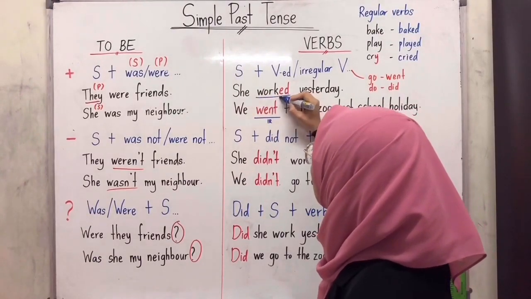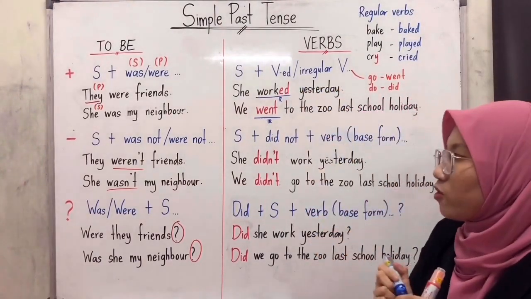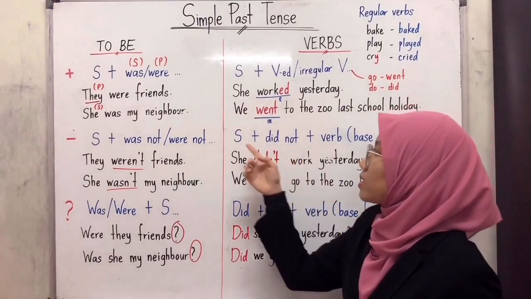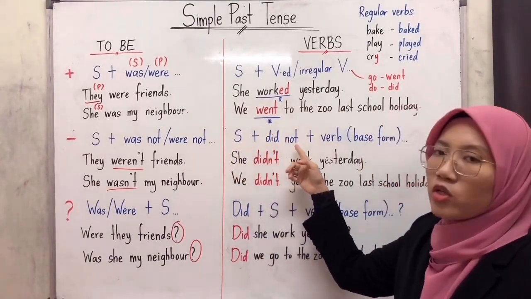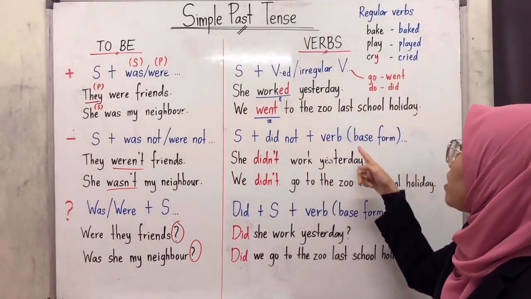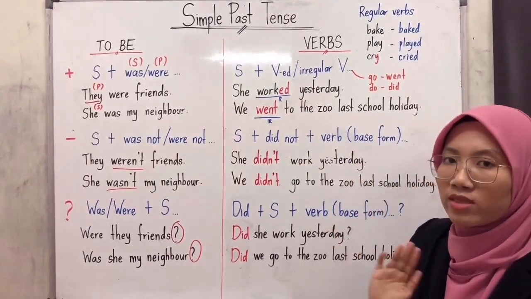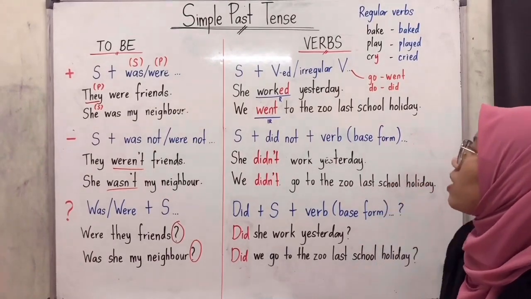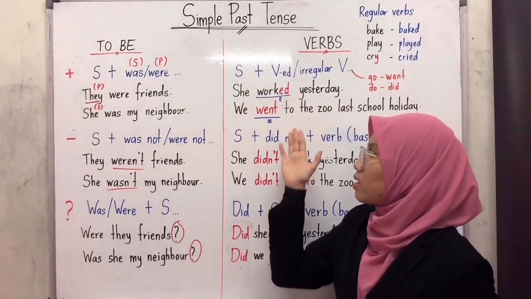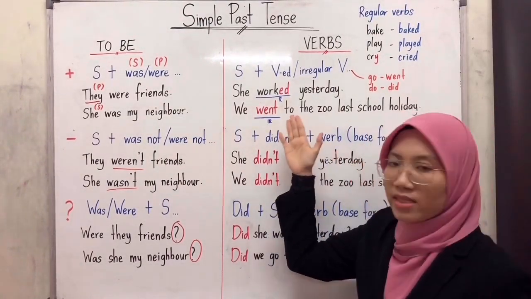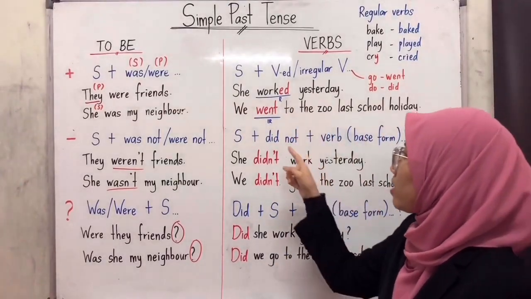For a negative statement, subject plus did not plus verb in base form. Base form means the root word, with no suffix. Using the same examples as above, we just add did not.